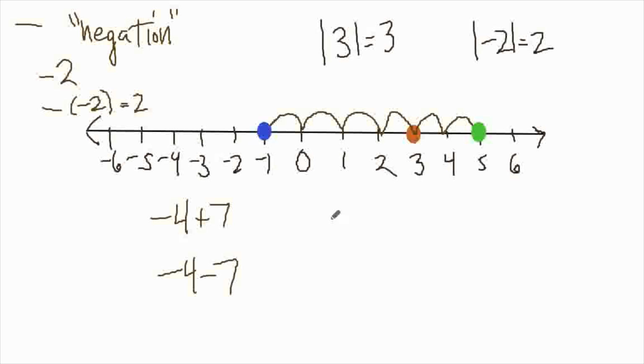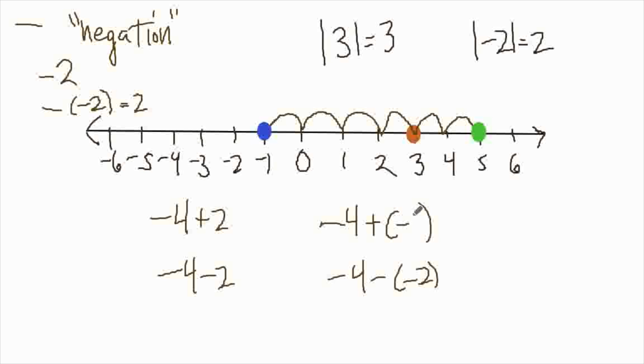What about -4 plus negative 2, and -4 minus negative 2? Actually, instead of 7s, let me switch them all to 2s. All the 7s to the 2s. Can you do all of these without making a mistake?